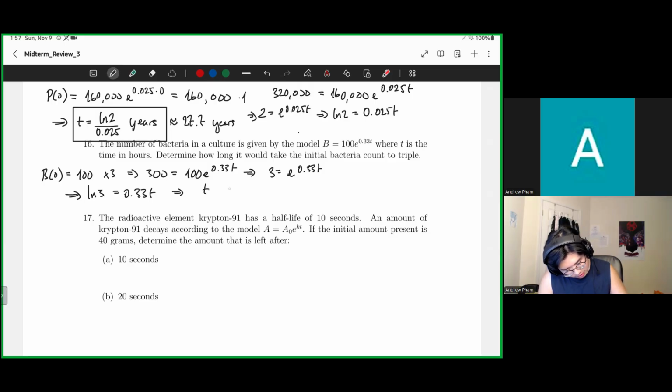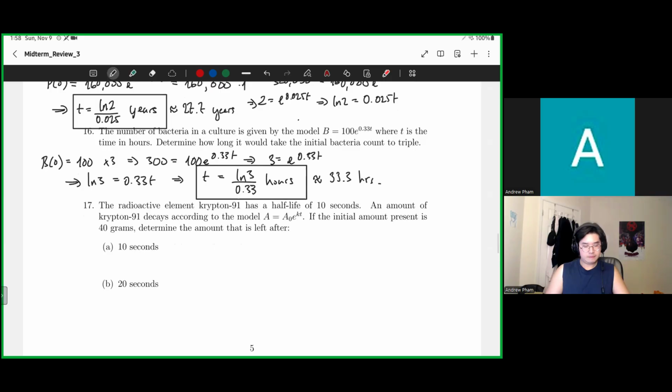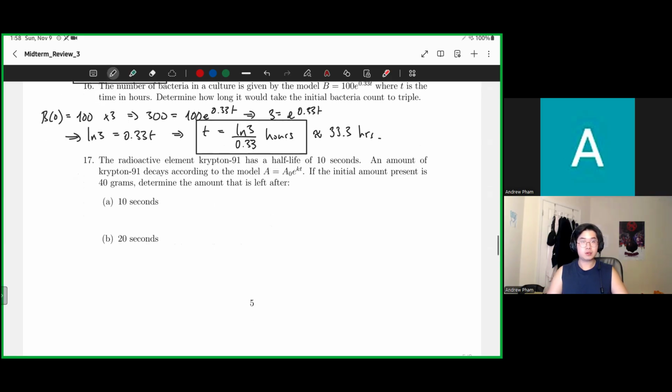Or in other words, t is equal to ln3 over 0.33 hours. If you're curious, this is equal to 33.3 years or hours. Okay.